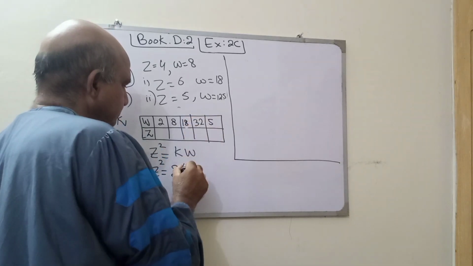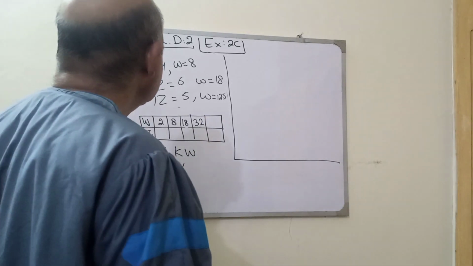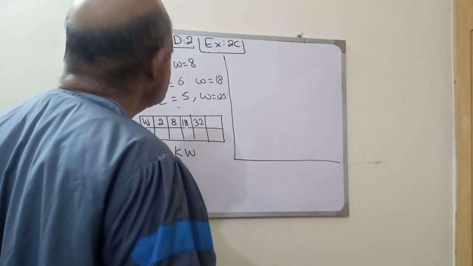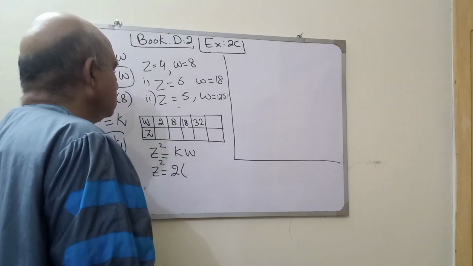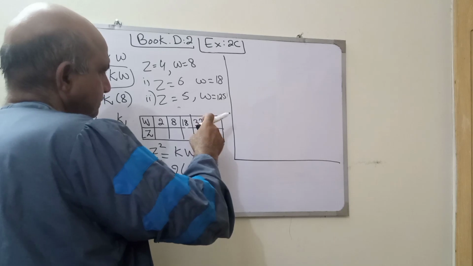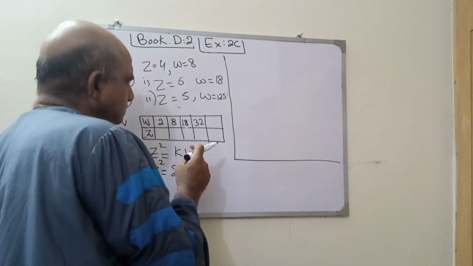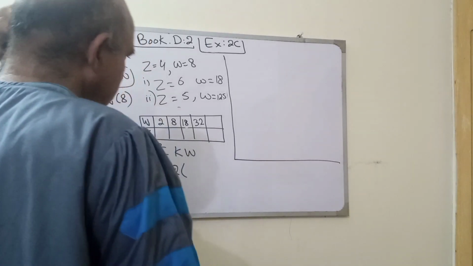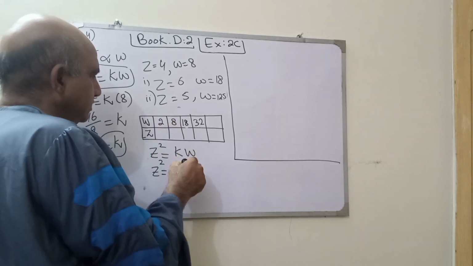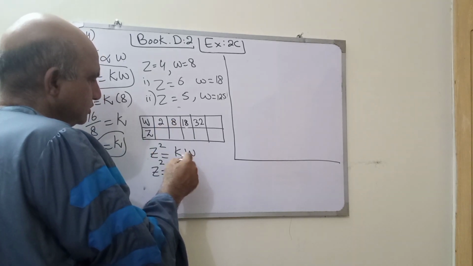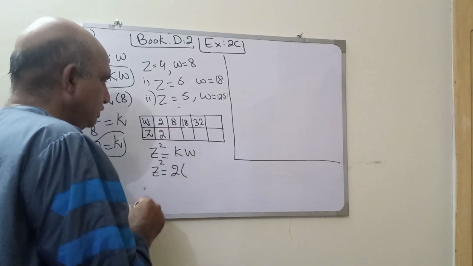This is 32. And 4, 2 and 2. 4, square root of 4 is 2.